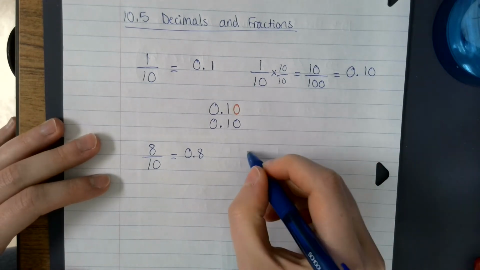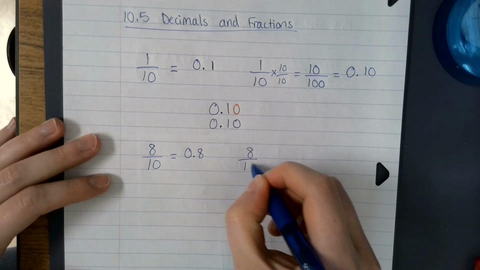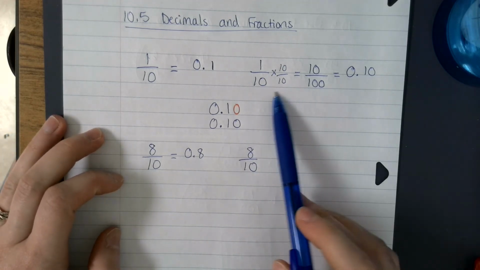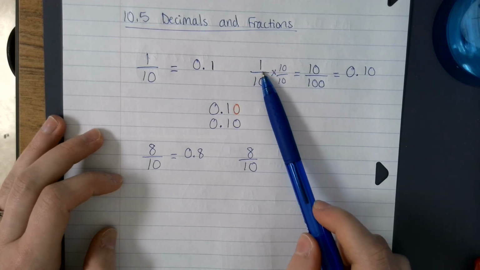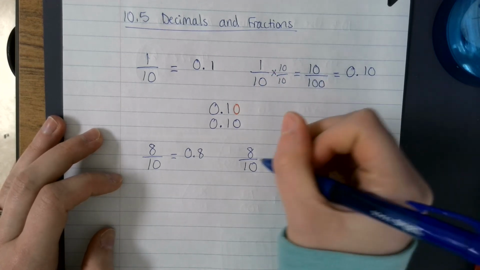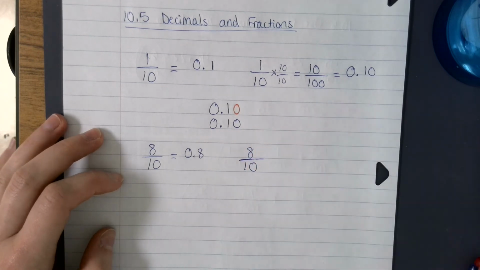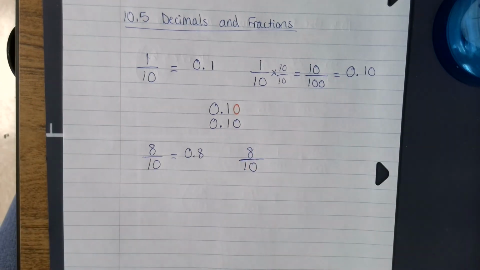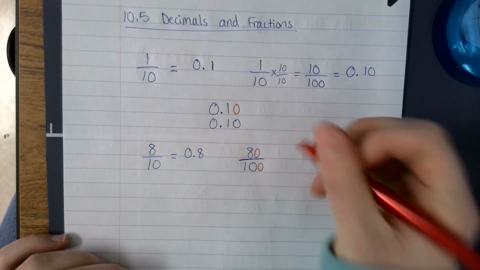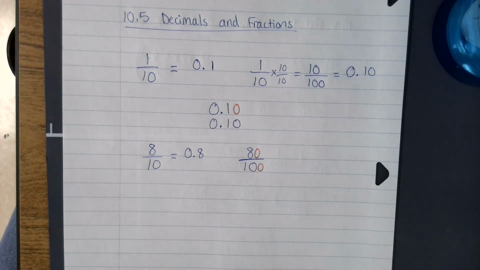Now, if I were to write 8/10 as a fraction out of 100, I would multiply by 10 over 10. And just like we showed you up here, when you multiply by 10, you're adding a 0 to each number. So I can literally just take this and add a 0 to the 8 and add a 0 to the 10 to make it 80 hundredths.